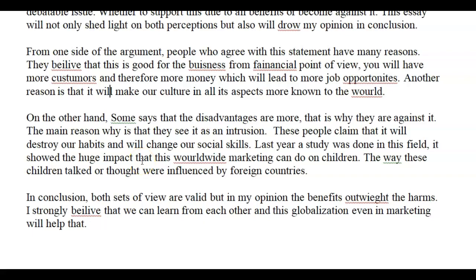You just say that, oh, there's an impact and the way kids talk were influenced by foreign countries. Okay, great. So how is that intrusive? How is that invasive? How does it do the things that the essay claims that this marketing is doing? So I really felt like you needed to go into further detail, absolutely develop more in both paragraphs.